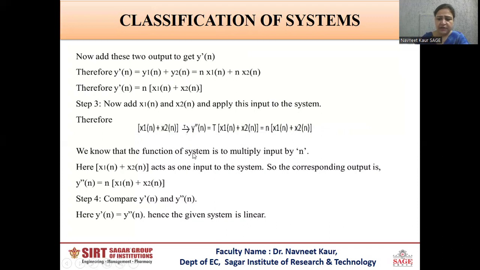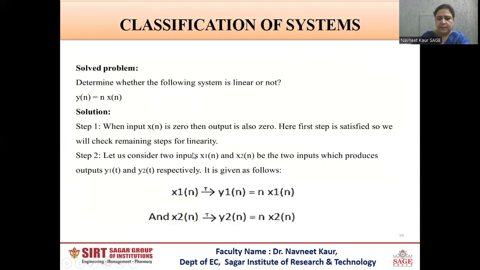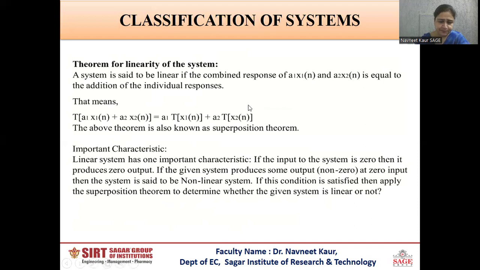According to the superposition theorem equation, say I have inputs a1 x1[n] and a2 x2[n]. I multiply x1 with a1 and x2 with a2, add these two signals and give it to the system.